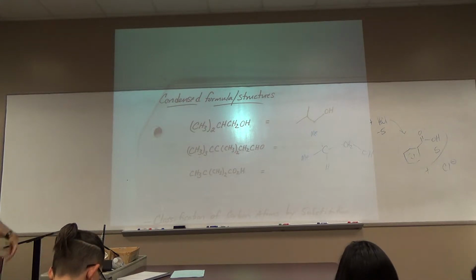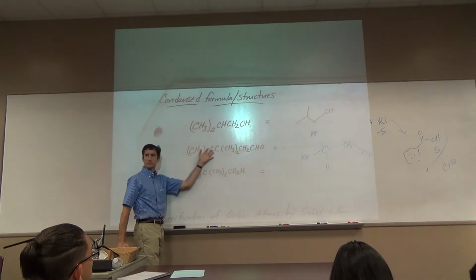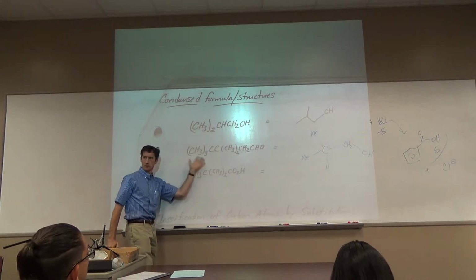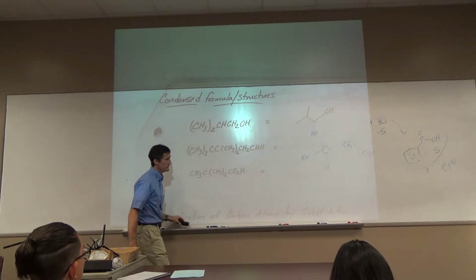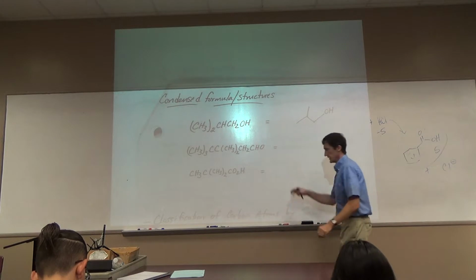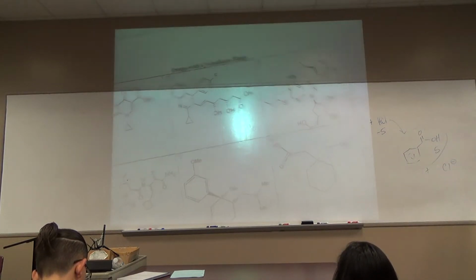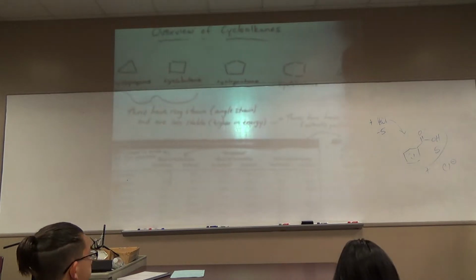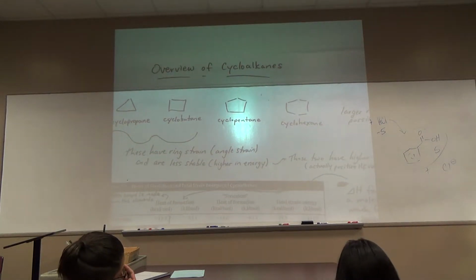You need to be able to recognize and put structures together from these so-called linear formulas or linear structures. Here's two to practice on, and we'll do these a little bit later, perhaps in lab. And we'll look at the rest of this page a little bit later as well. Cycloalkanes. We'll look at this a little bit later, I believe.